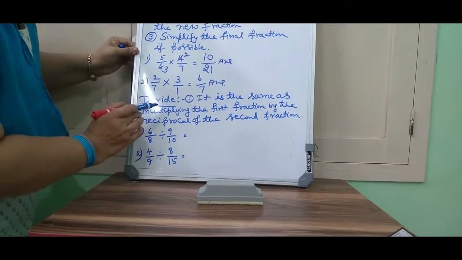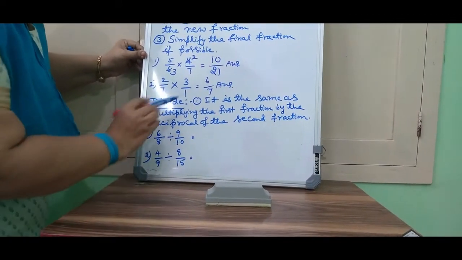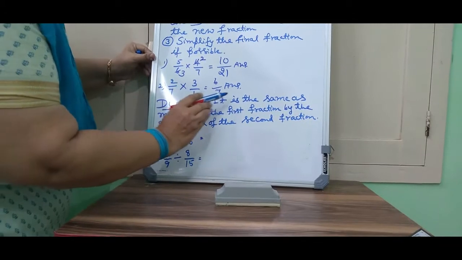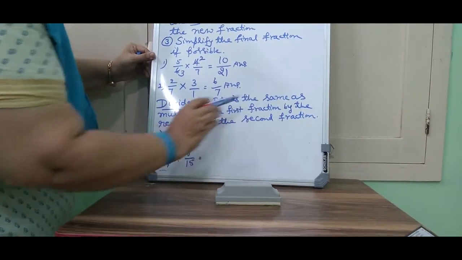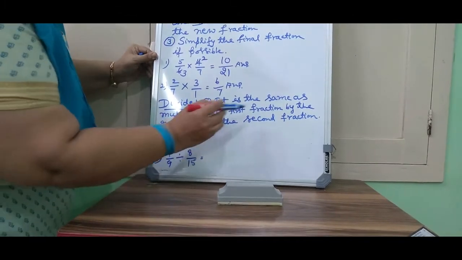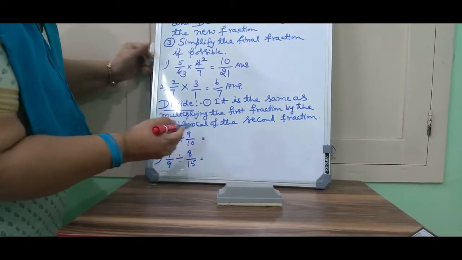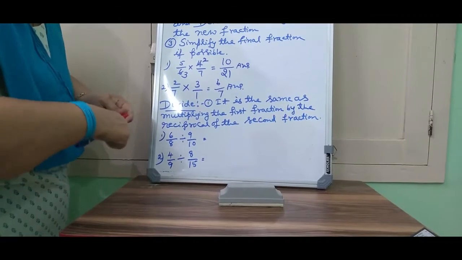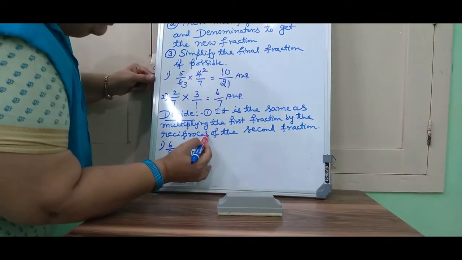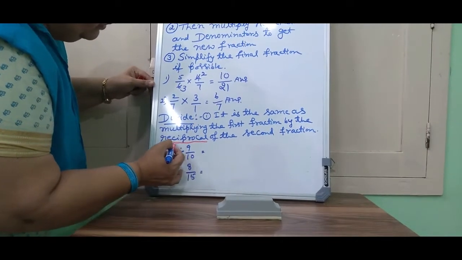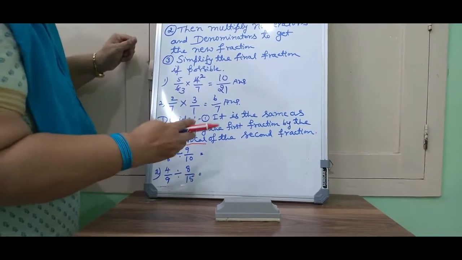Next, let us see how to divide simple fractions. Division is the same as multiplying the first fraction by the reciprocal of the second fraction. Please observe this carefully. Now I will tell you what the reciprocal is.